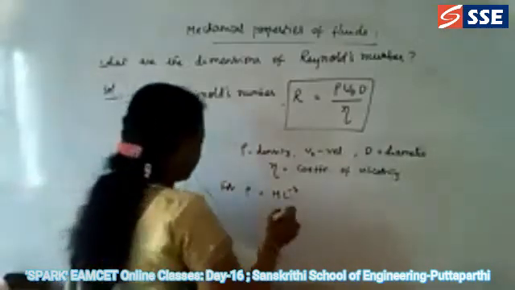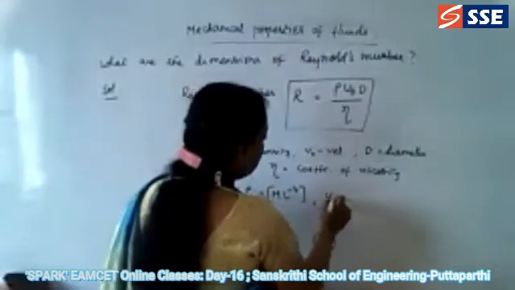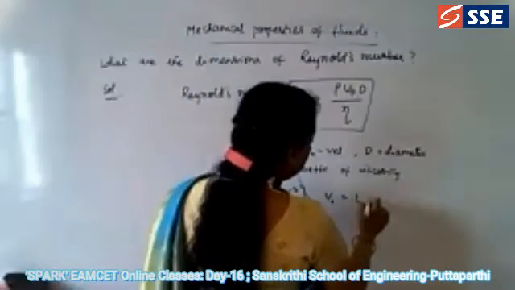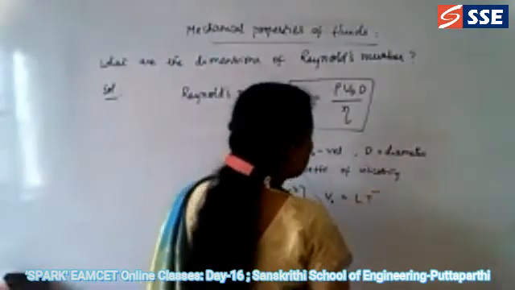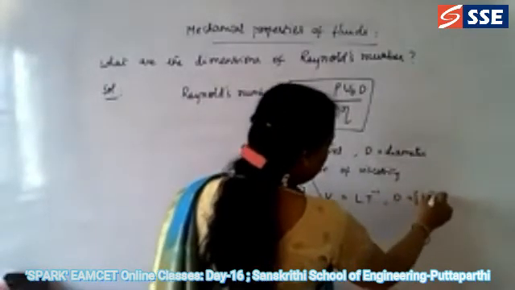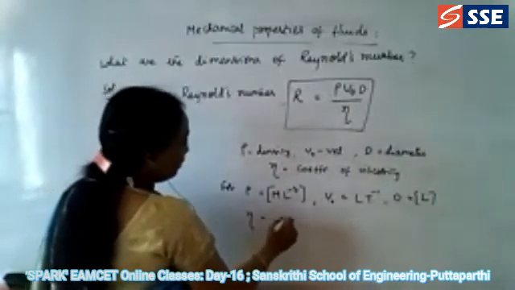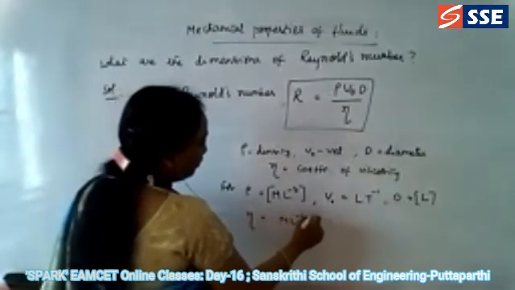ML power minus 3. So these are the dimensions for density, and for velocity, you know already, LT power minus 1, and diameter D is taken as L. And coefficient of viscosity eta is ML power minus 1 T power minus 1.